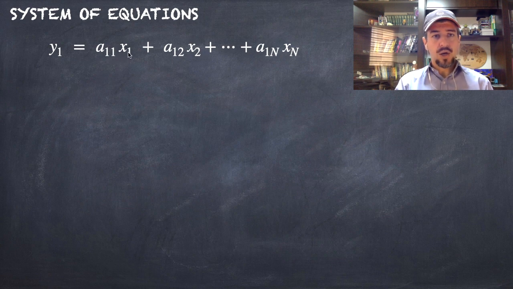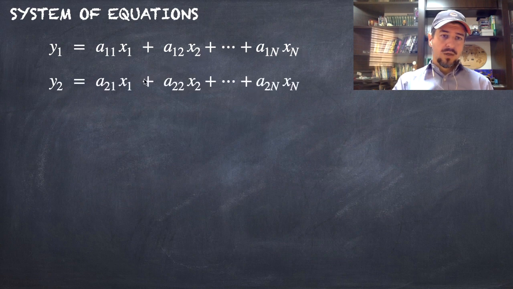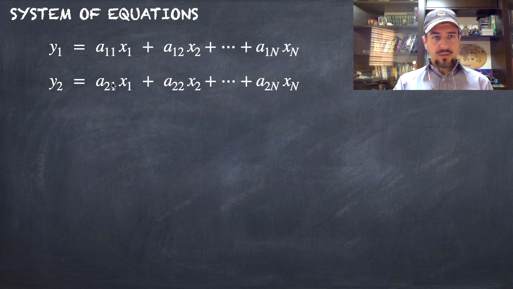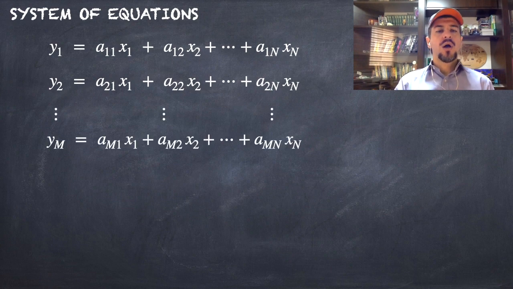So 1 and 1, 1 and 2, and 1 and n. In the second equation, the first index of the coefficient is 2, and the second index is related to the variable x. So you have another function of the x terms, and so on up to the m-th equation.